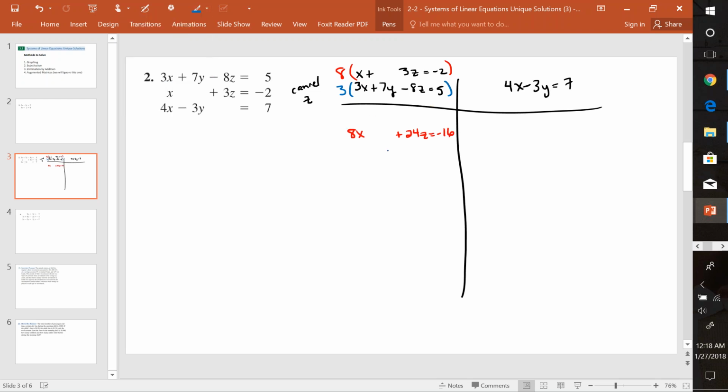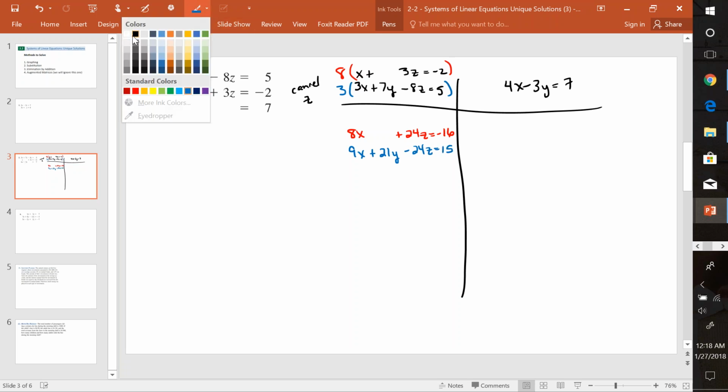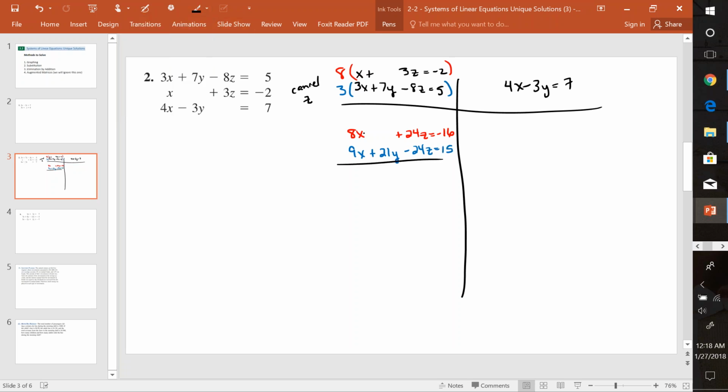The bottom equation would become 9x plus 21y minus 24z equals 15. I would add my columns together, like terms. So this is going to be 17x plus 21y. The z's are going to cancel out, and then that would be negative 1.